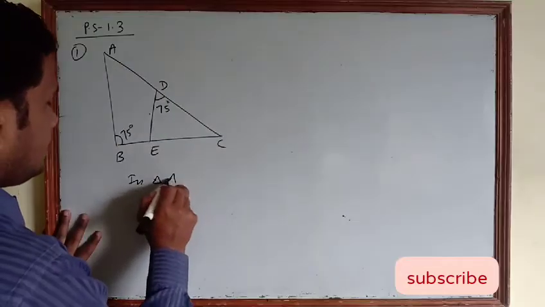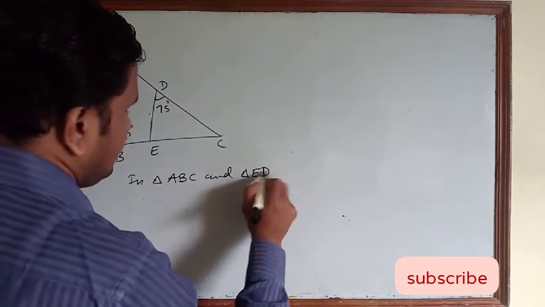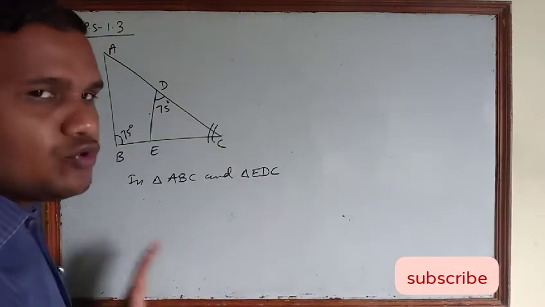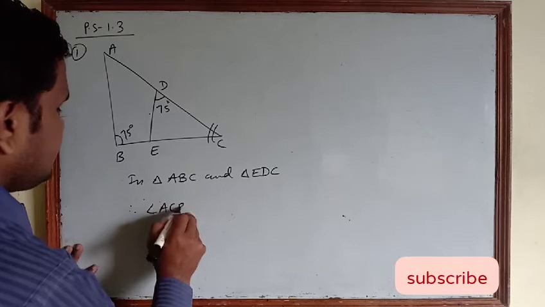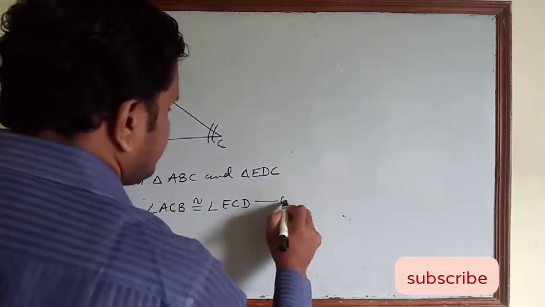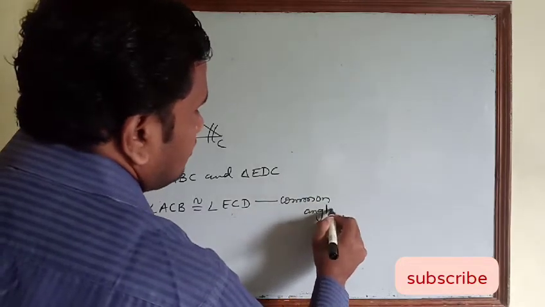In triangle ABC and triangle EDC, this angle C is present in both the triangles. Therefore angle ACB is congruent to angle ECD, and you may write down the reason: it is a common angle.